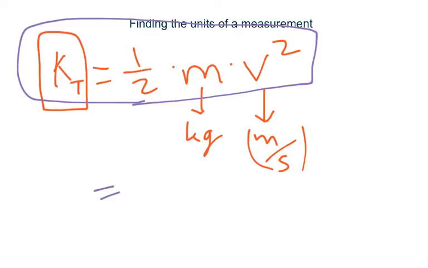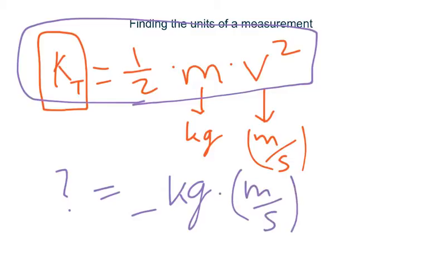So let's put a question mark on the unit that we don't know, which is right there, and let's start converting these variables or numbers into units. 1/2 doesn't have a unit, so there's nothing there. Mass is in kilograms, and velocity squared is just meters per second squared.